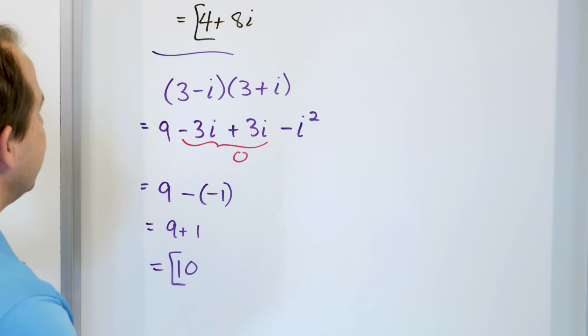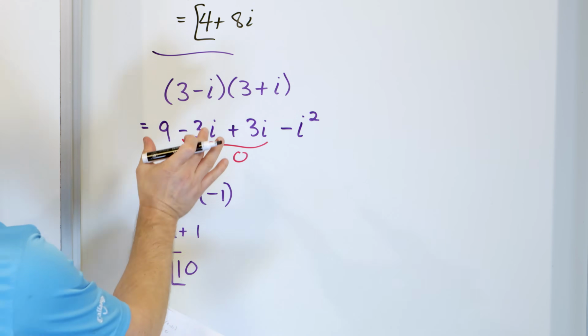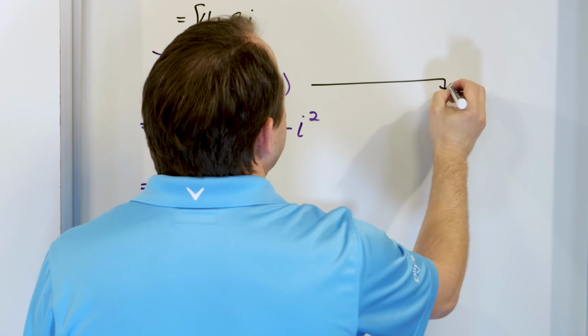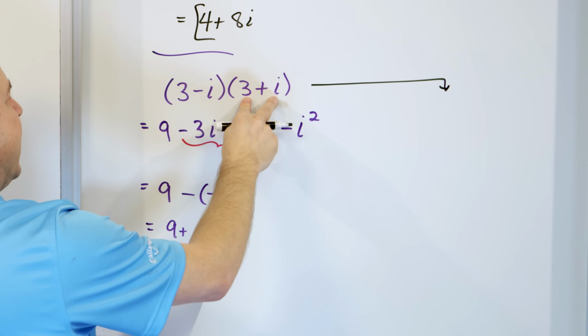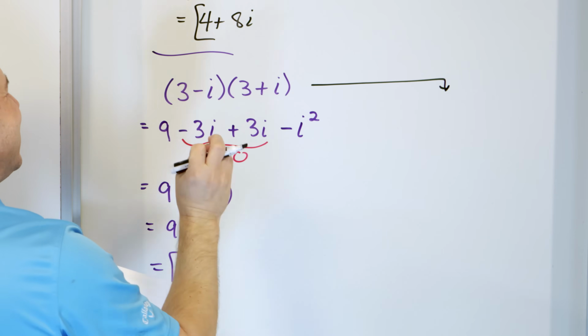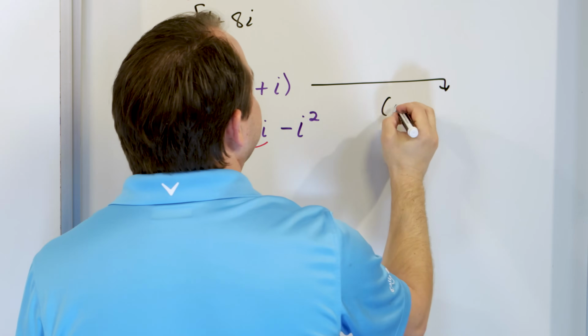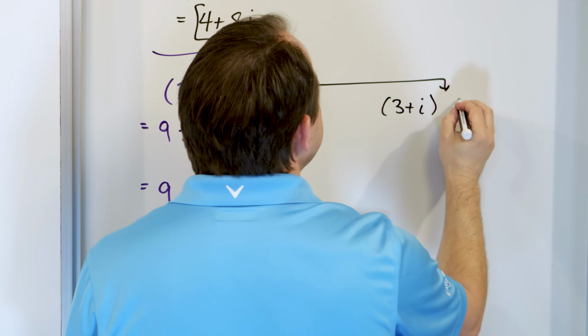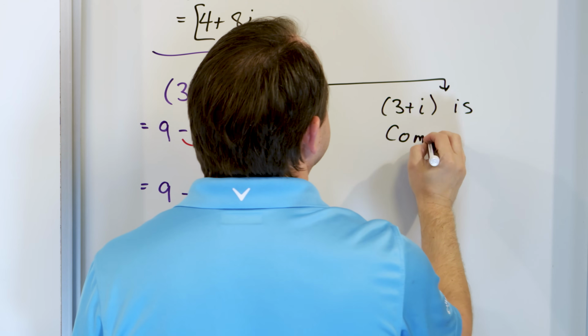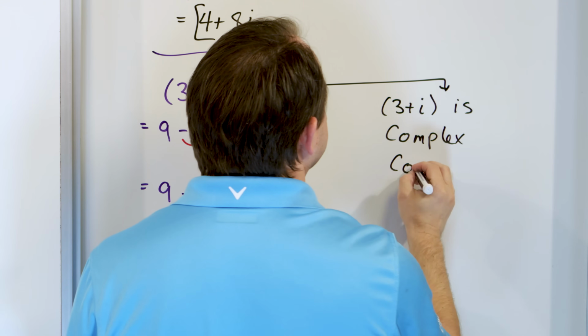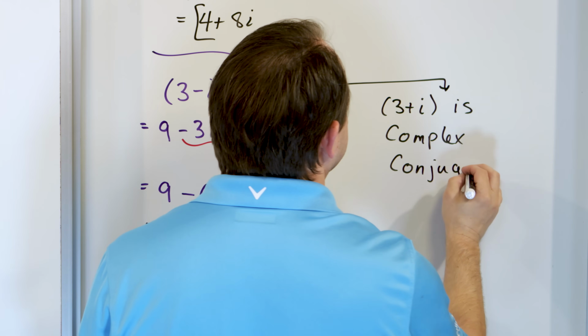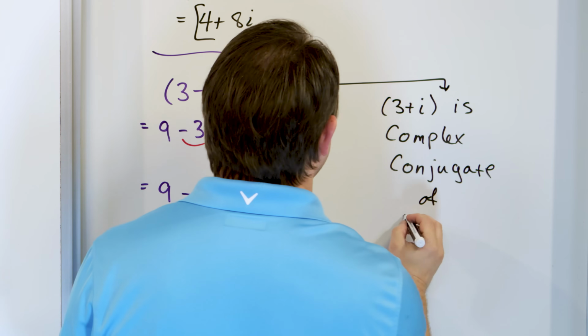The other thing I want to point out to you here is that the 3 plus i is what we call the complex conjugate of 3 minus i.